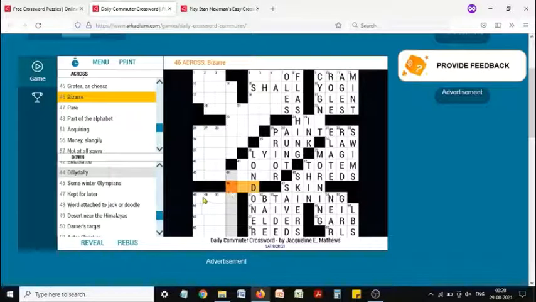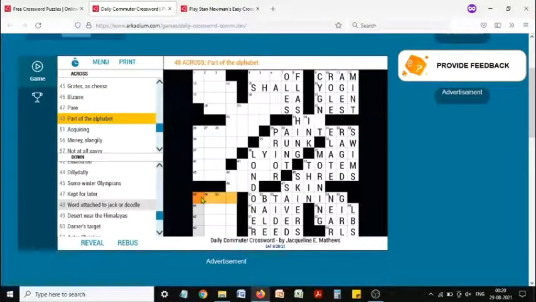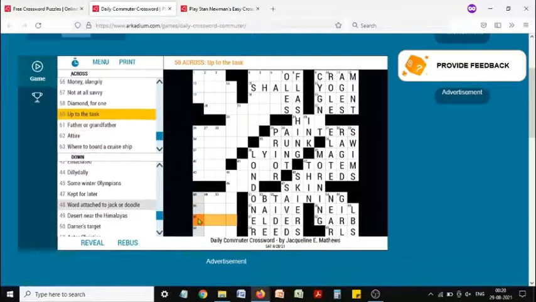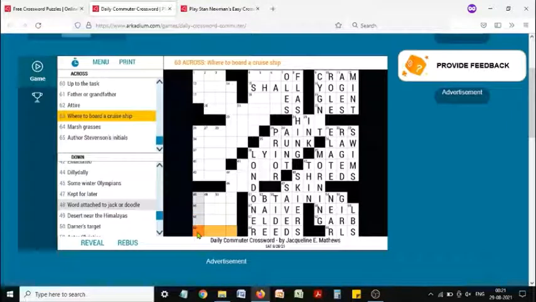No. 48, part of the alphabet. Money, slangily. Up to the task. Where to board a cruise ship.